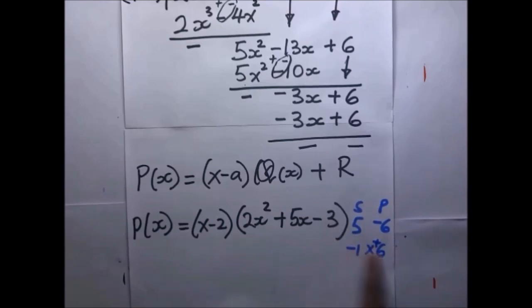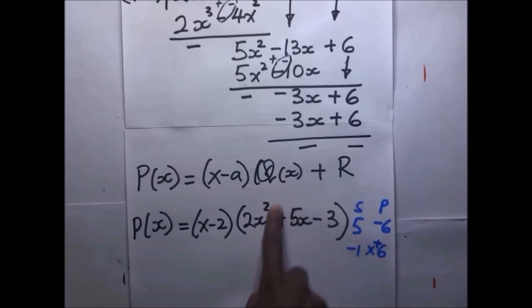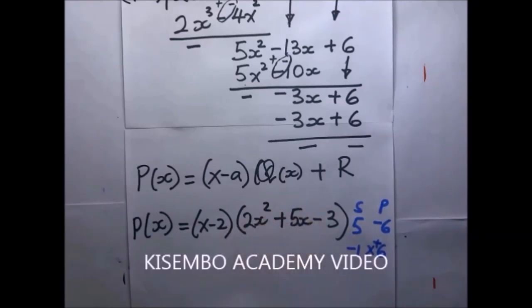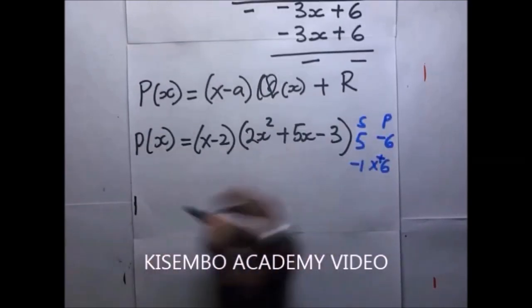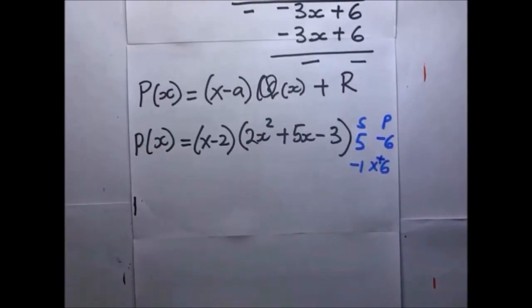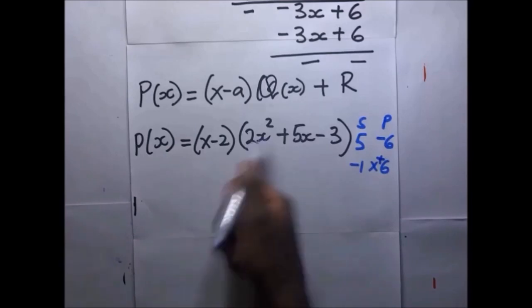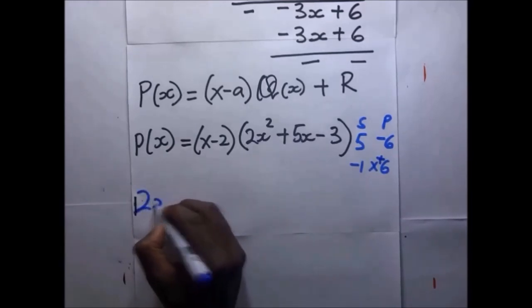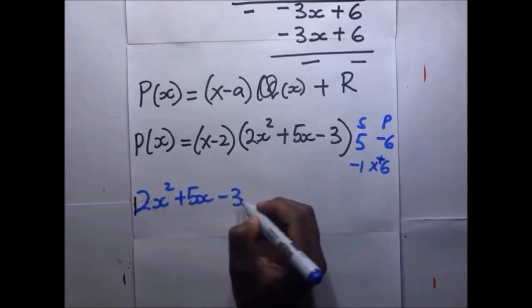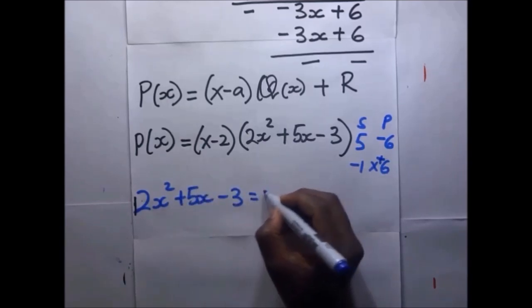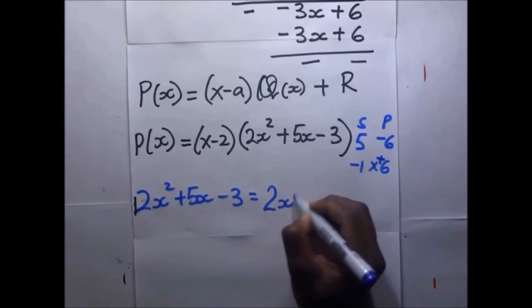So we'll use those two to replace this middle term in our prime factorization. So prime factorizing 2x squared plus 5x minus 3 is going to become 2x squared.